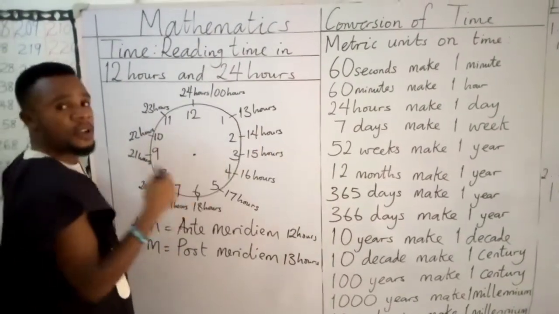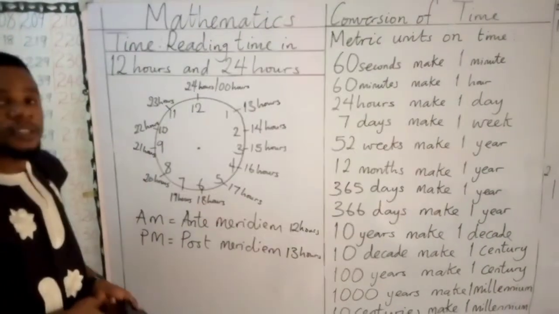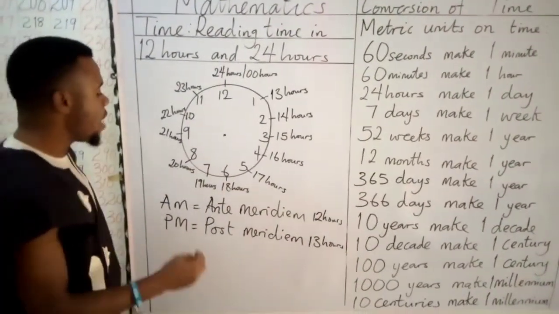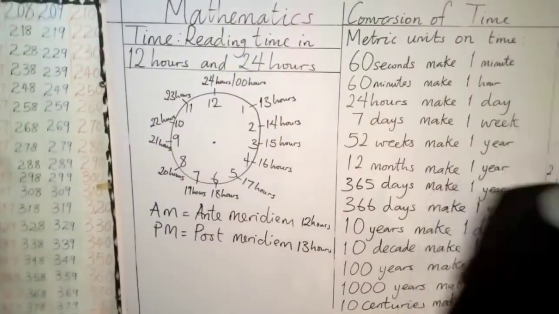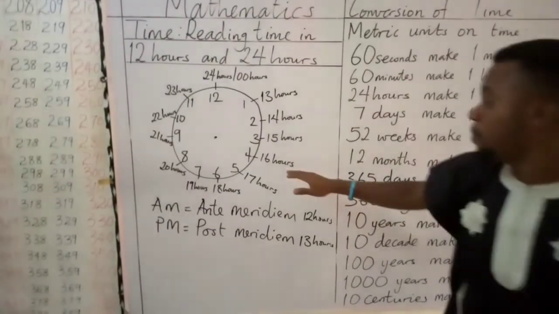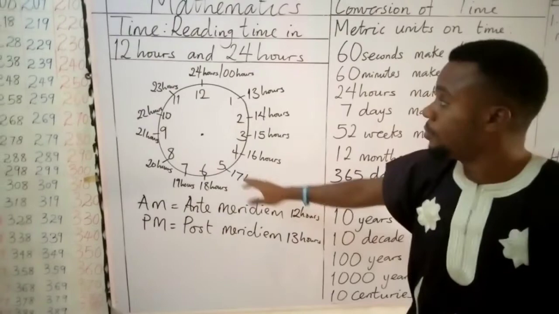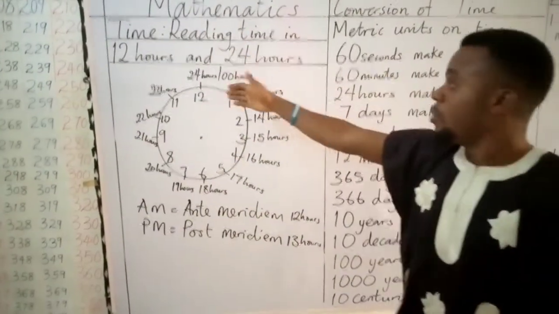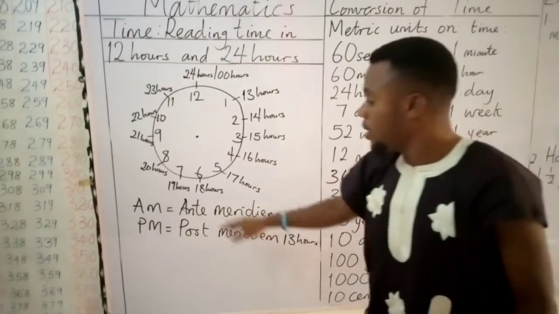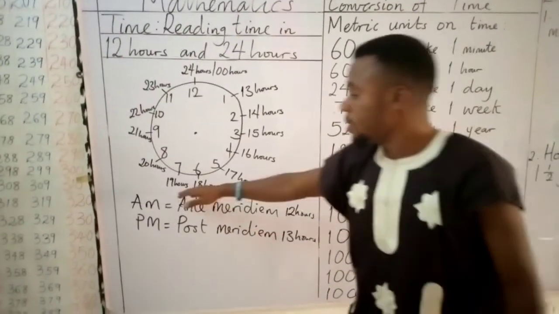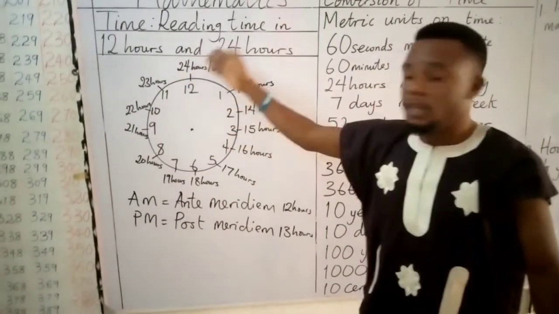So when you see 13 hours, we are talking about afternoon. 14 hours, afternoon. 15 hours, afternoon. 16 hours, afternoon. From 17 we have evening. 17 hours is evening. 18 hours is evening. 19 evening, and so on to get to your midnight.